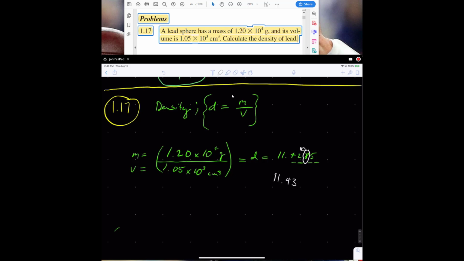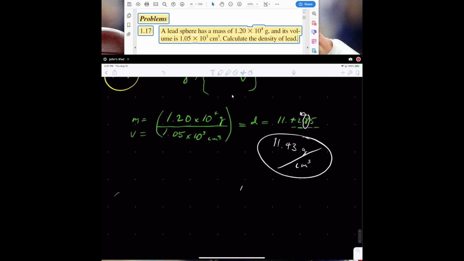The units are grams per centimeters cubed, right? So we can write it like that, or we can write it as 11.43 g/cm3.